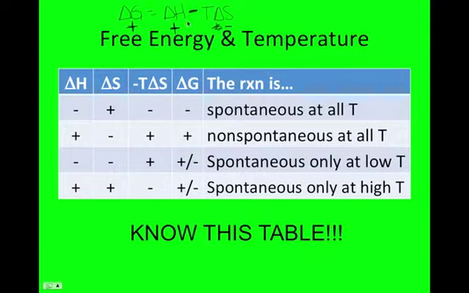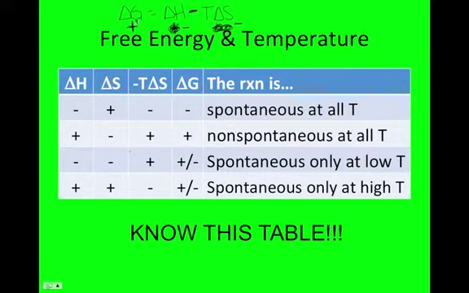So if delta H is negative, and let's say delta S is also negative, then we are subtracting a negative, which means we're adding a positive.